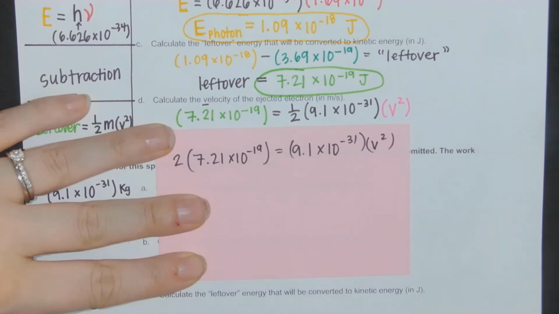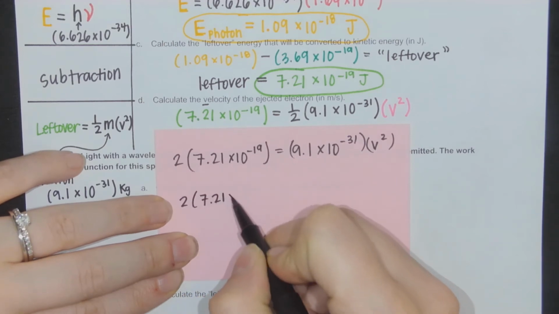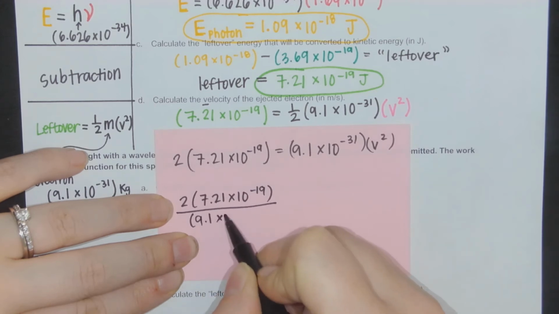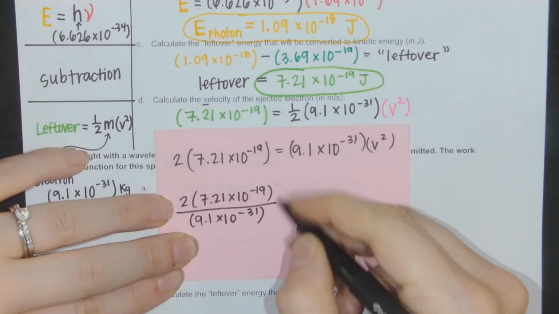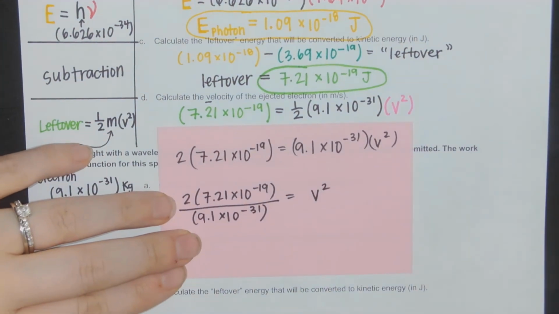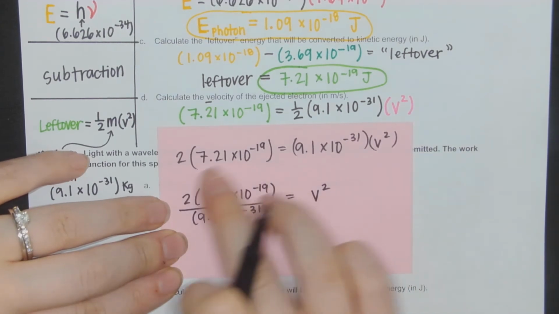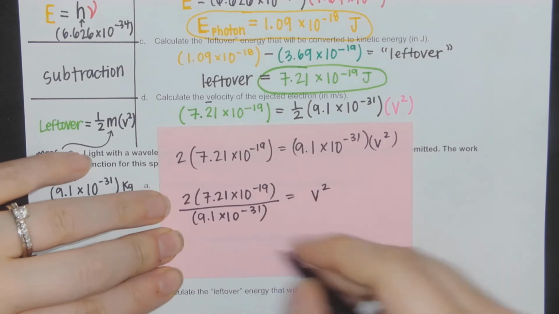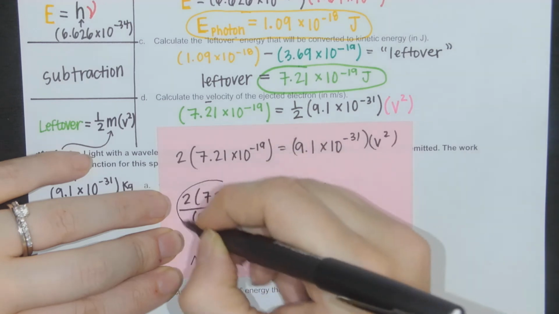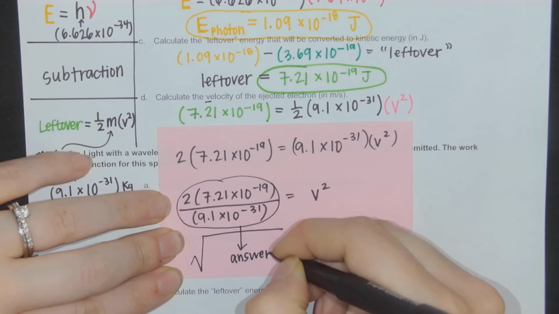We're going to divide both sides by the 9.1 to get rid of it on the right. This equals v squared. So once you have this all figured out, then to get v, you'll just take the square root of the answer to that.